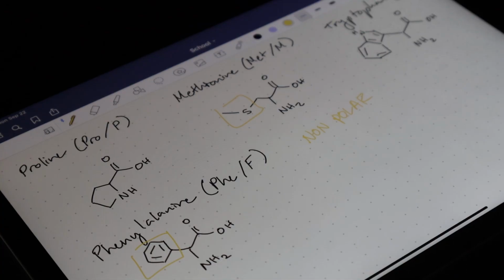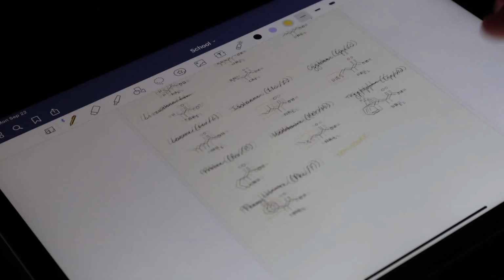So now that is also the most substantial group of amino acids.